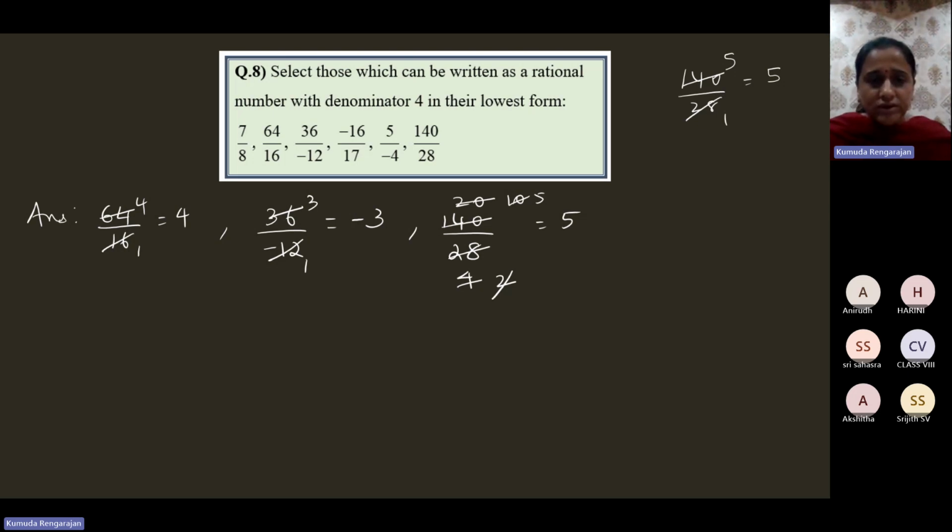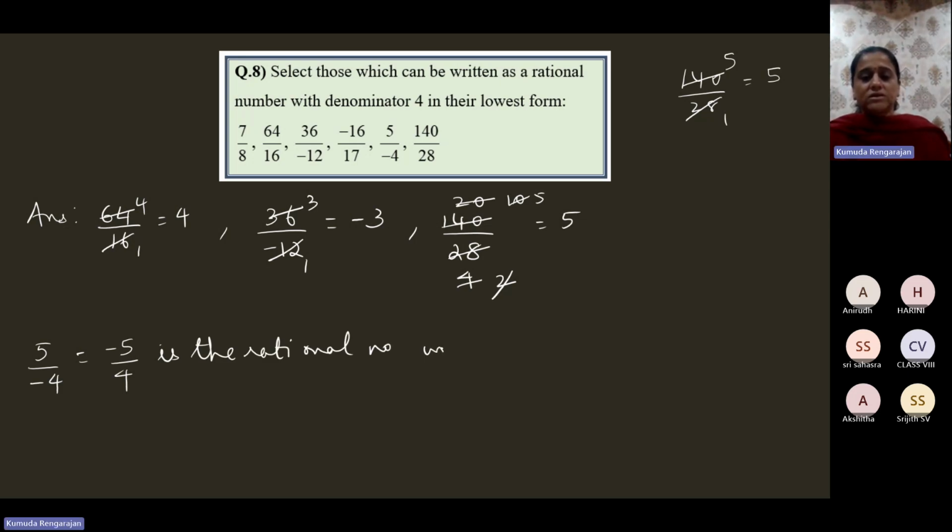Anything else? Let me just check the others. No. So 5 by minus 4, which is equal to minus 5 by 4, is the rational number with denominator 4 in its lowest form.